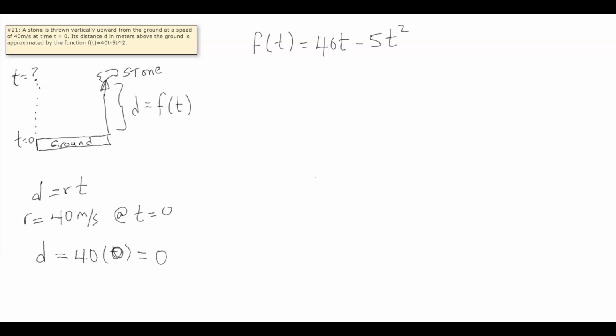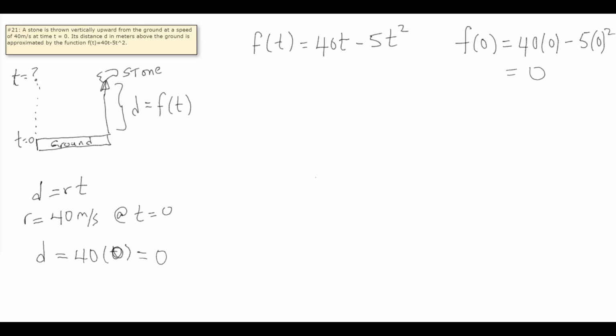Notice if I plug in 0 for t into our function, f of 0 is equal to 40 times 0 minus 5 times 0 squared, which gives me 0. So, like I said, that's not necessary to do the problem. We need to just proceed the way I proceeded in class earlier.